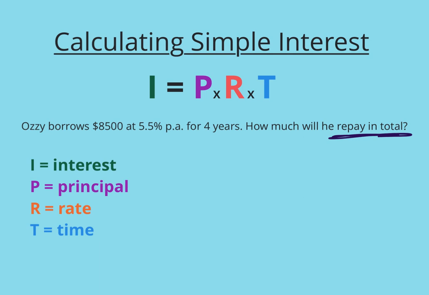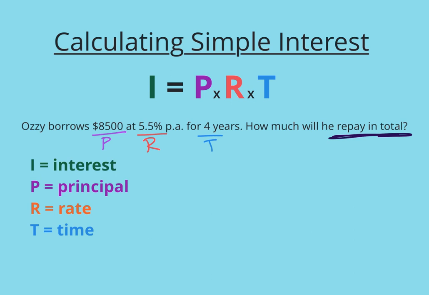First up, let's see if we can figure out whether we have a P, an R, and a T. So he's borrowing $8,500, so that's our principal. Our rate is 5.5%, and our time is 4 years. Now you'll notice that these ones are in the same units, so our rate is per annum and our time is also in years, so we don't have to write any fractions when we do this one.